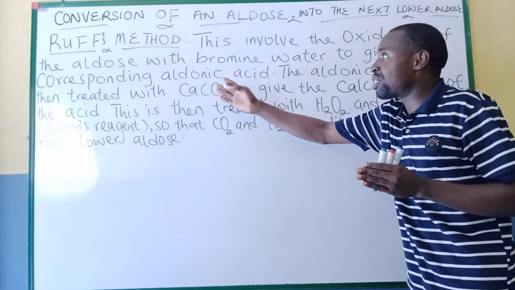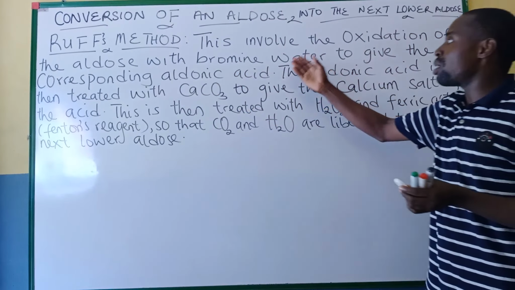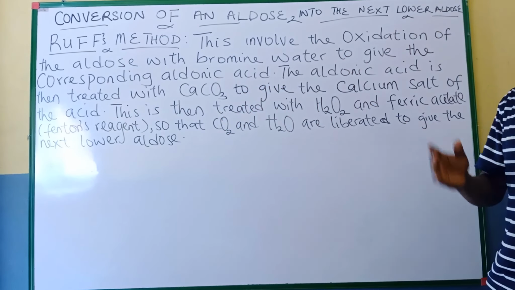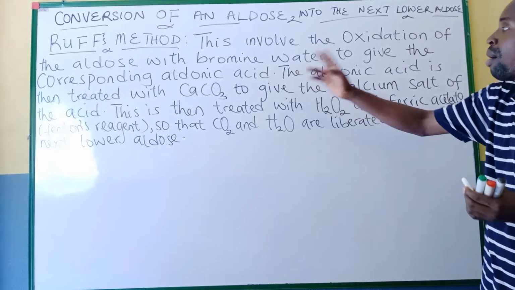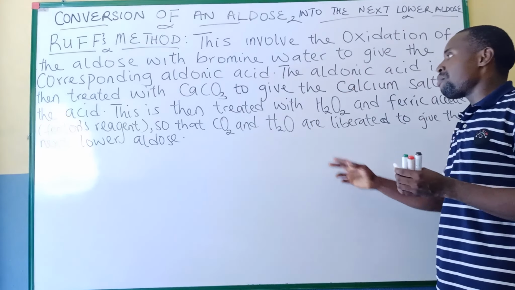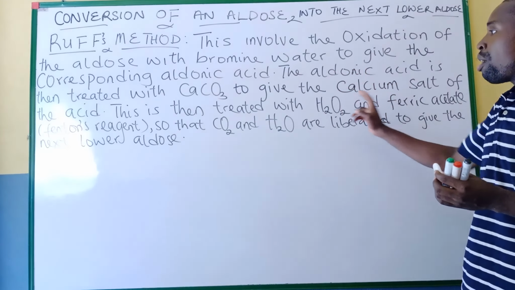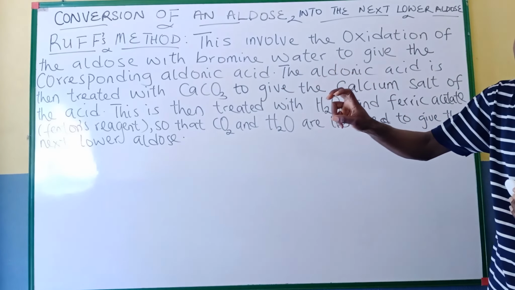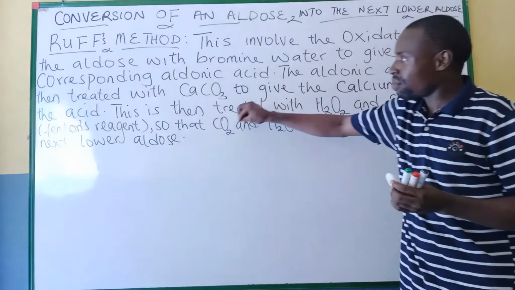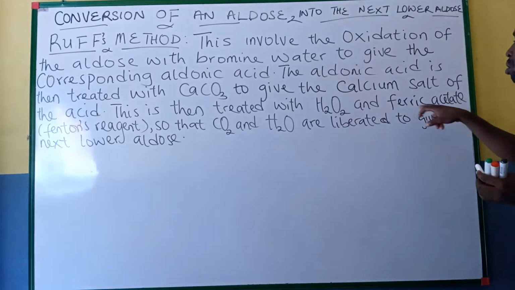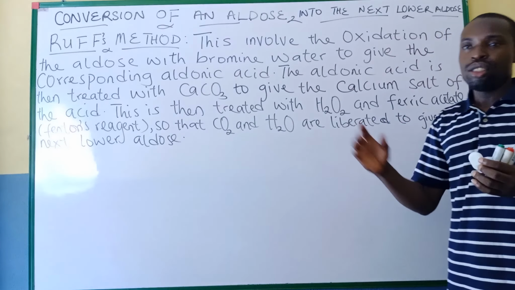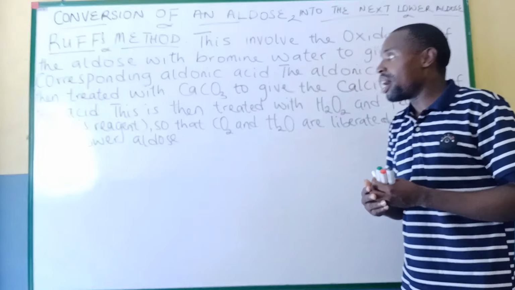Talking about the first step, the aldose is oxidized with bromine water to give the corresponding aldonic acid. Then the aldonic acid is treated with calcium carbonate to give us the calcium salt of the acid. Then lastly, the calcium salt of the carboxylic acid is treated with Fenton's reagent, and CO2 and H2O are liberated to give the next lower aldose.